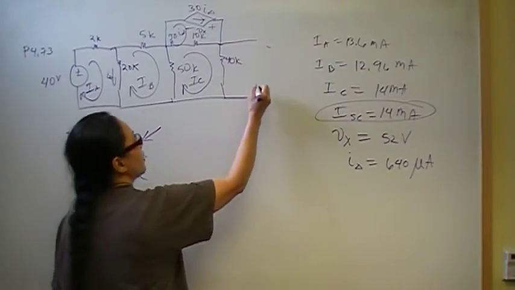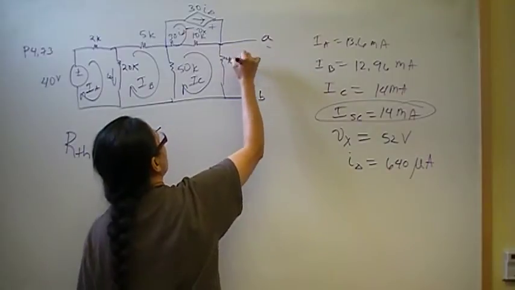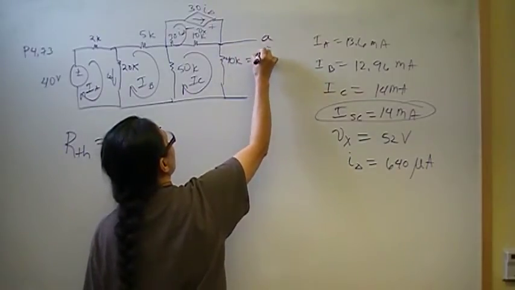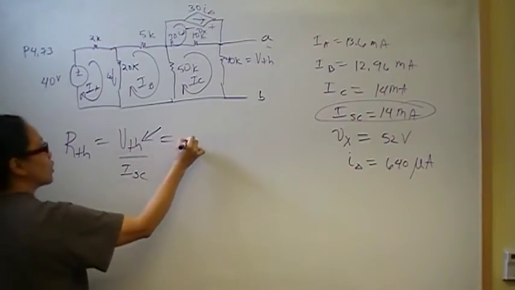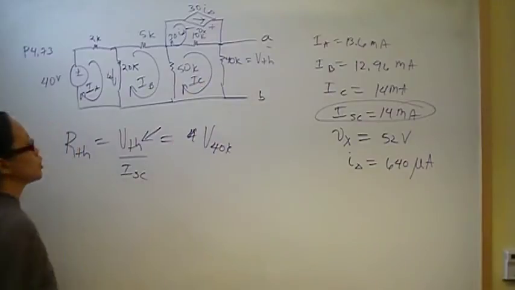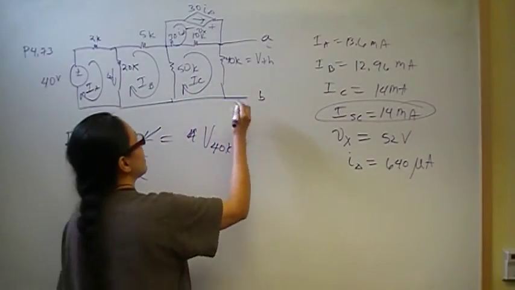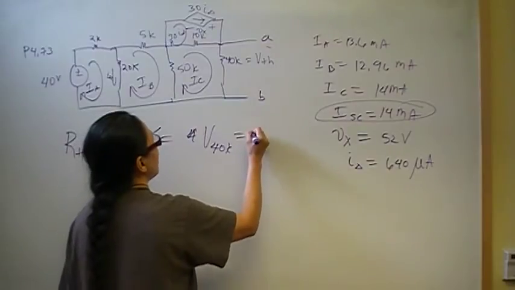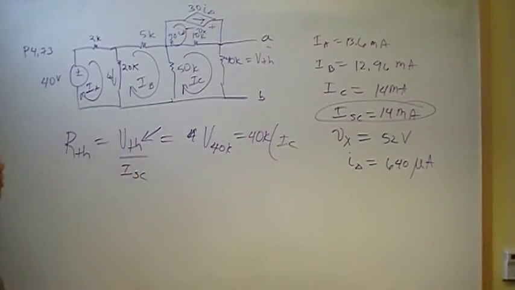And if I open the load, my V Thevenin is actually equal to the voltage drop across the 40K resistor, V40K. That voltage drop is basically going to be 40K times my IC if I open the load.